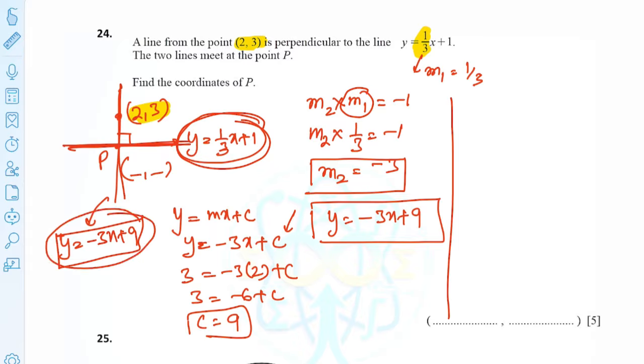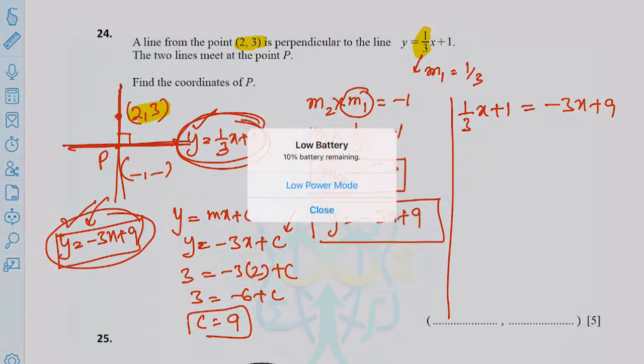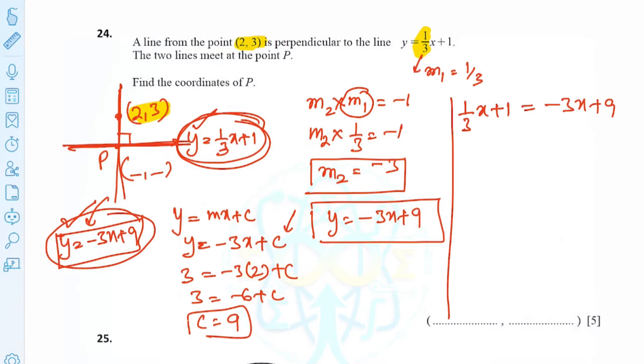Now try to solve the simultaneous equations. This is y, this is also y, so I make the right-hand sides equal: 1 over 3x plus 1 equals minus 3x plus 9. Moving terms, I get 1 over 3x plus 3x equals 9 minus 1, which is 8.